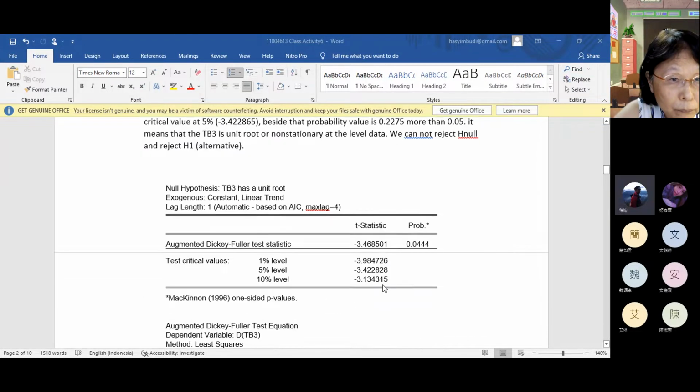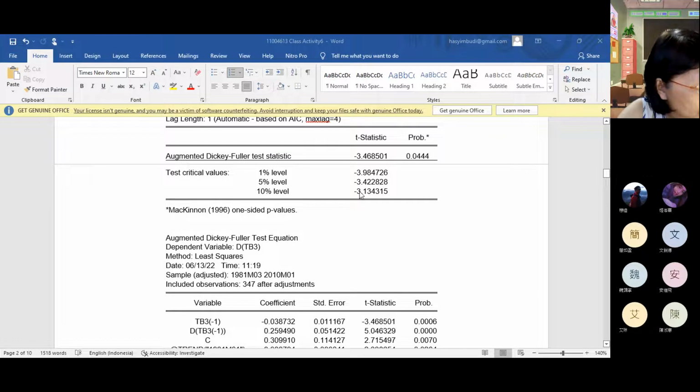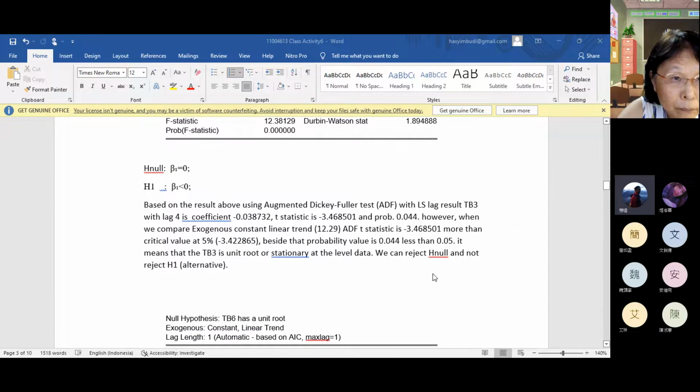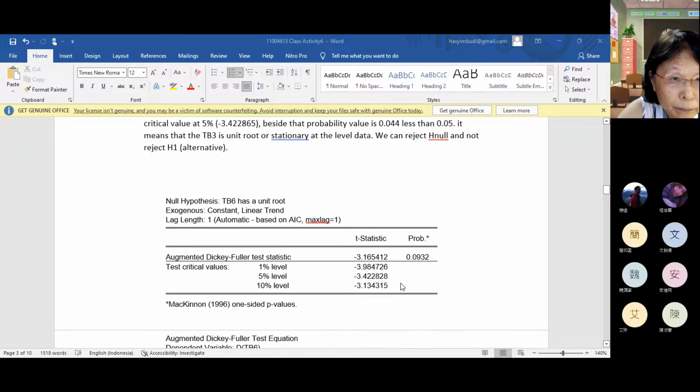When I use lag length 1 for the unit root, it is significant, so I reject the null and do not reject the alternative.